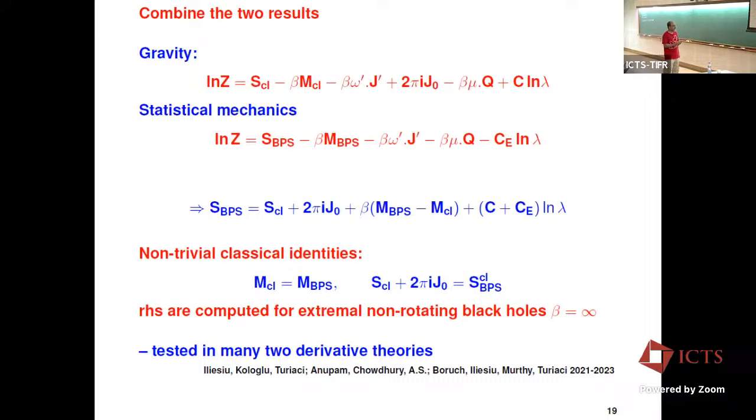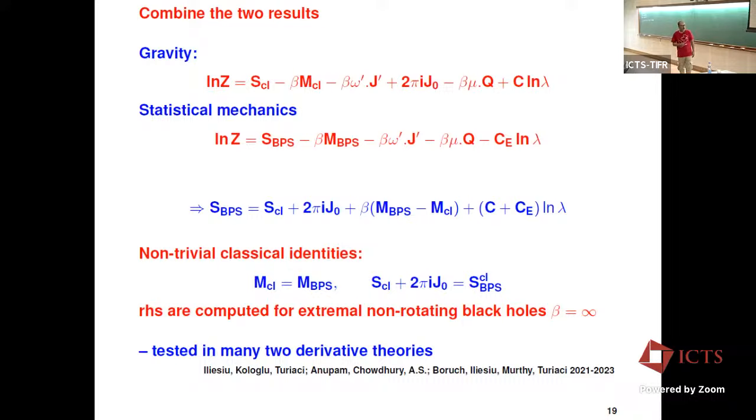And we also have a relation between S classical plus 2 pi i J0 and S classical BPS. So if we believe in the degeneracy equal to index formula, then this S classical BPS should also be equal to the BPS black hole entropy. And that you can calculate for a zero temperature non-rotating black hole.